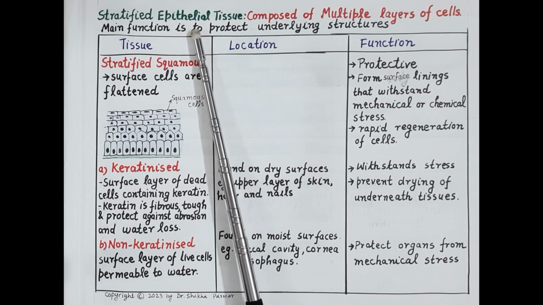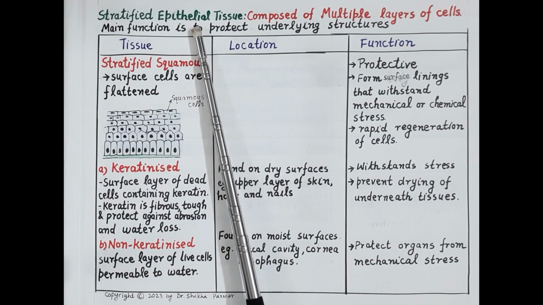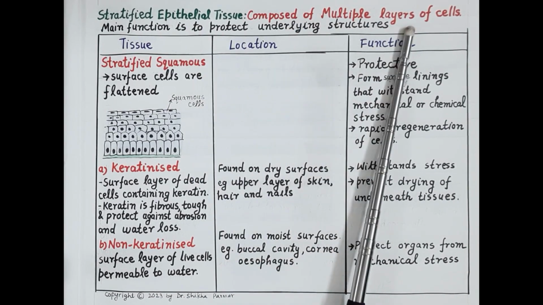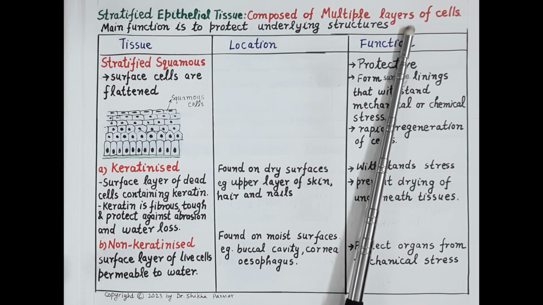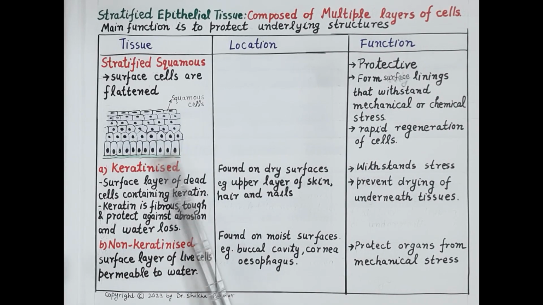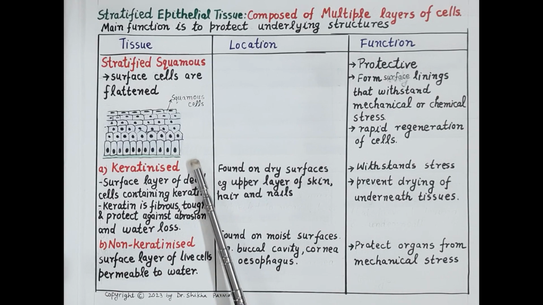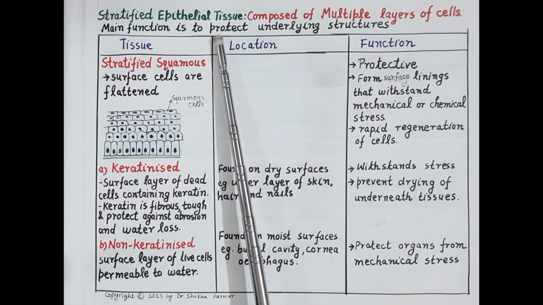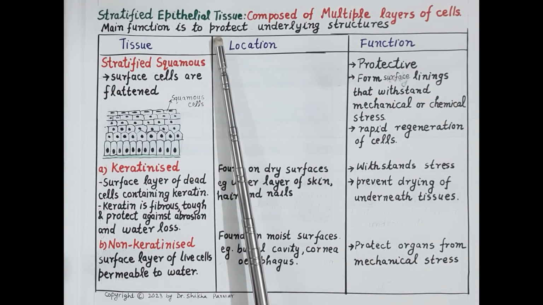Now let's study stratified epithelial tissue. Unlike simple epithelial tissue that consists of a single layer of cells, stratified epithelial tissue is composed of multiple layers of cells, where the lowest layer is in contact with the basement membrane. The main function of stratified epithelial tissue is protection.